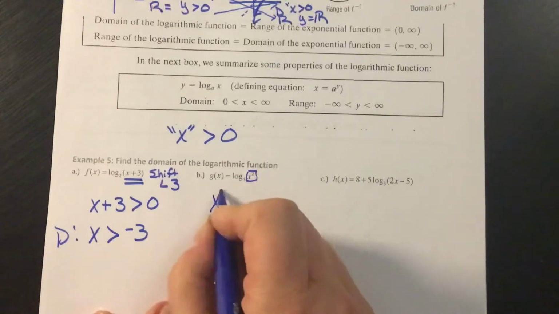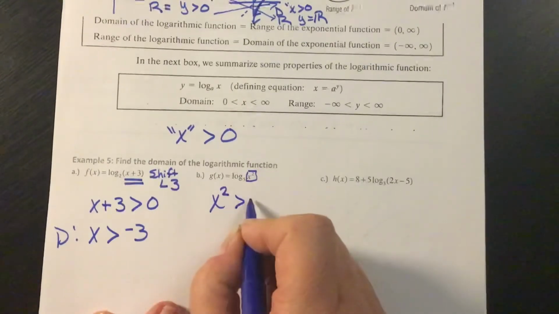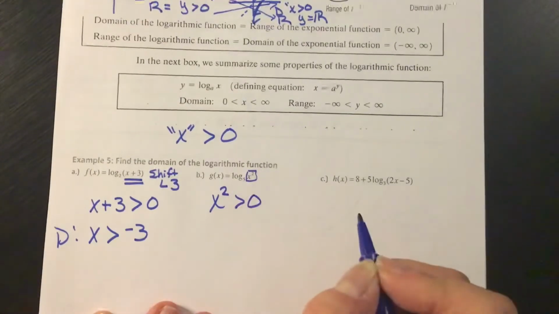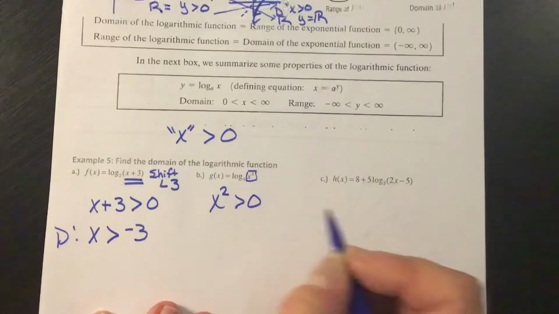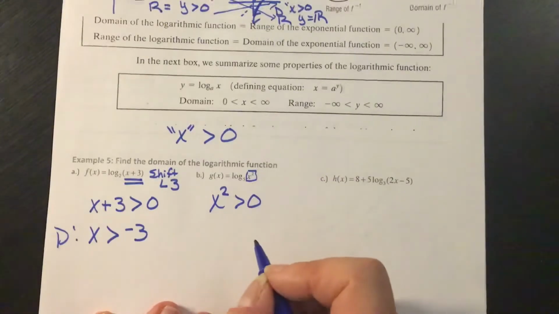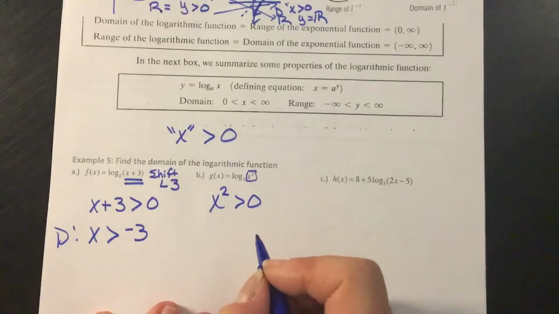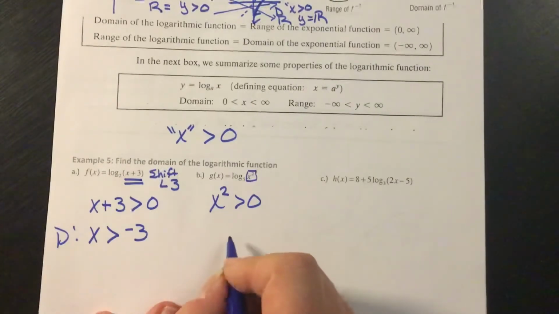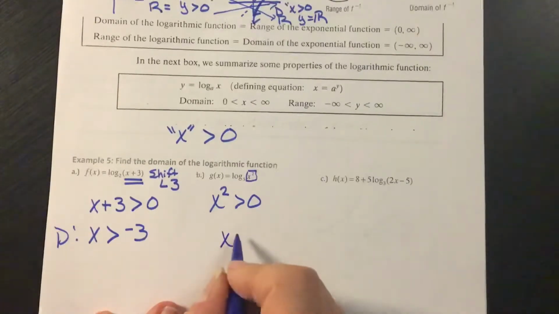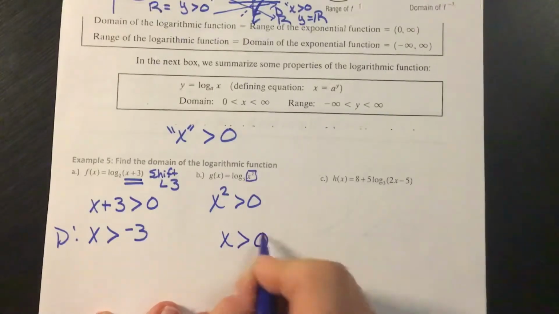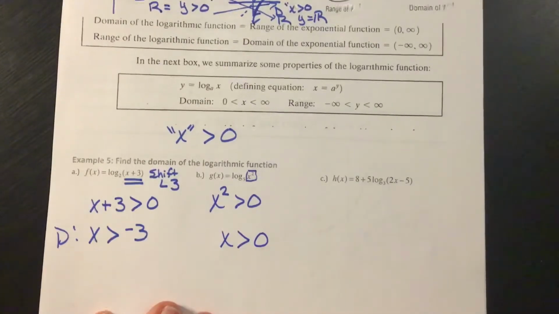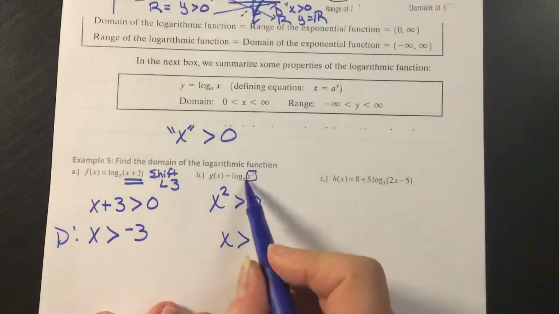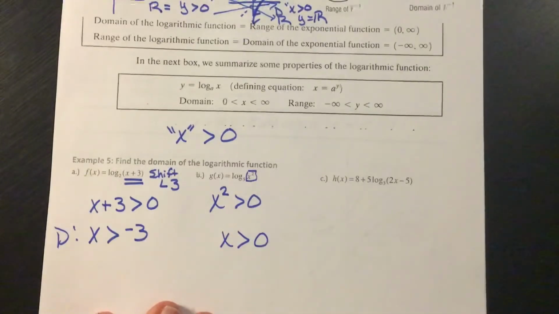So here my x squared has to be greater than 0. We know that x cannot equal 0. So x squared is always going to be positive. When you square something, you're always going to get a positive number.